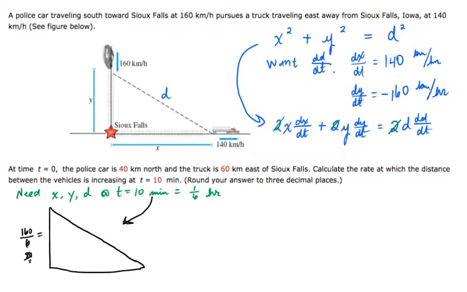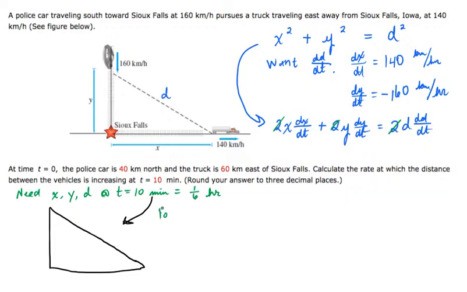And I'm going to leave that in fraction form so that I don't have any rounding errors here. So that's the distance y at 1/6 of an hour. Actually, that's not true because that's how far he's traveled in 1/6 of an hour.